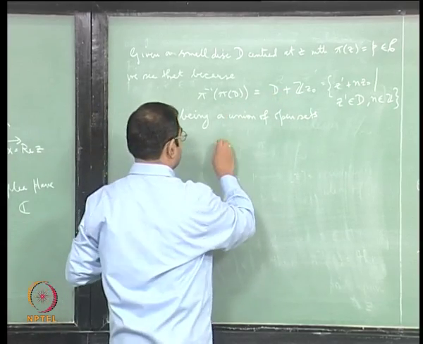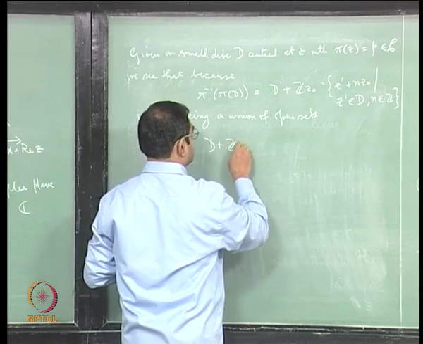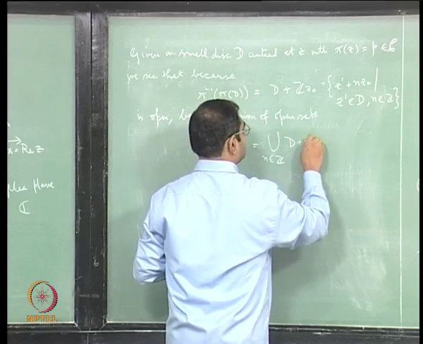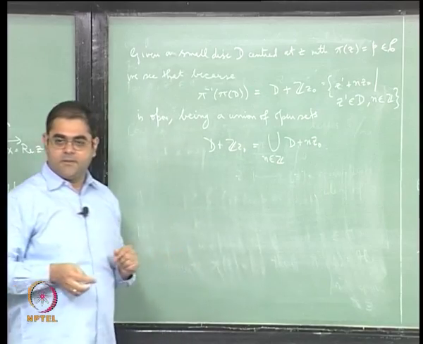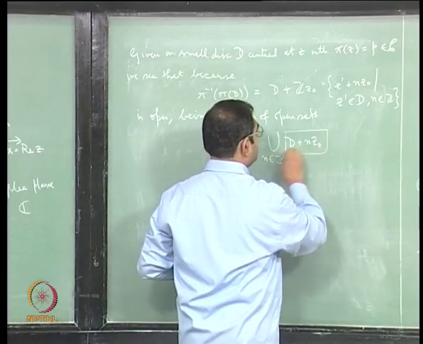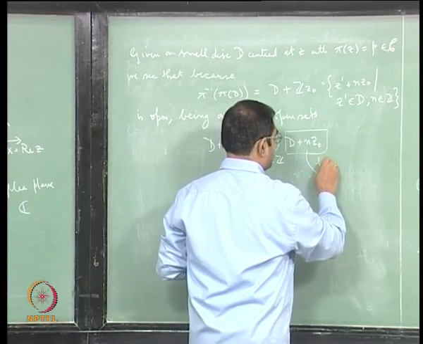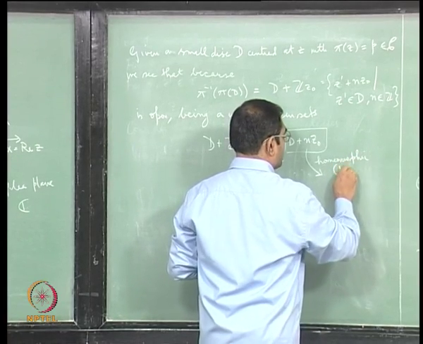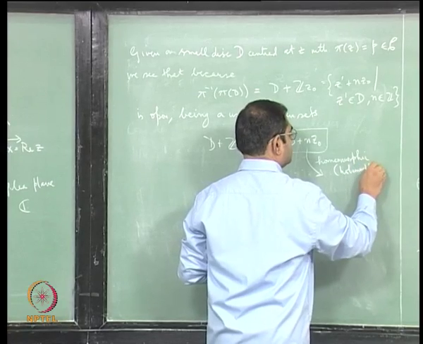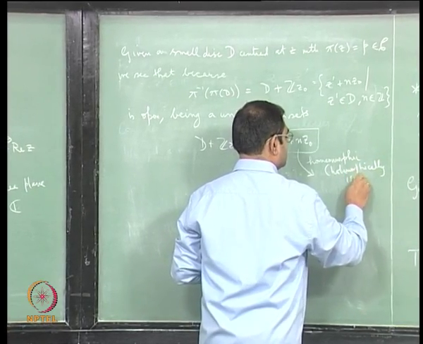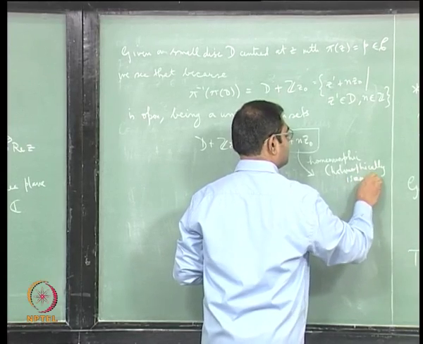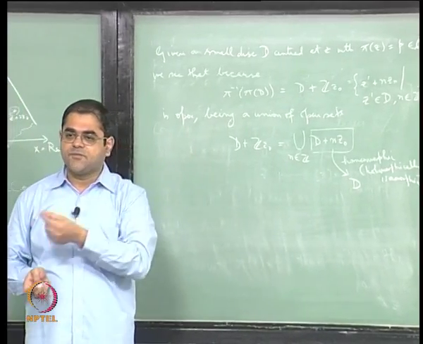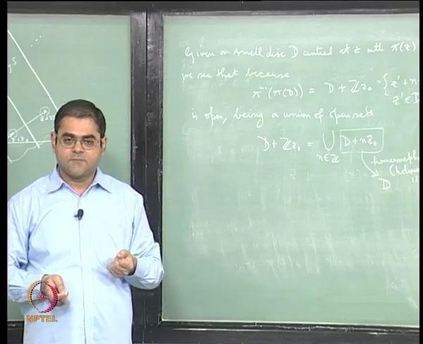So in fact I can write this as d plus Z times z naught is equal to the union over n belonging to Z of d plus n times z naught, and each d plus n times z naught is homeomorphic to d, or even holomorphically isomorphic to d, because translation is of course a holomorphic isomorphism, okay.